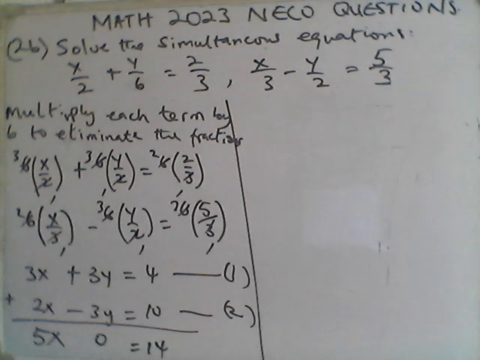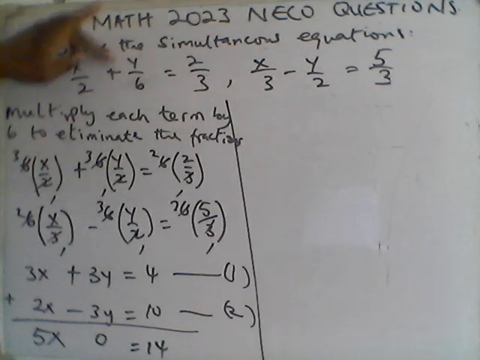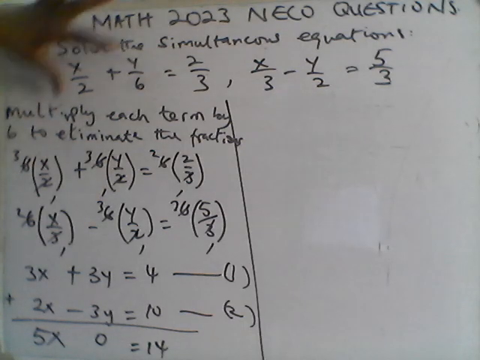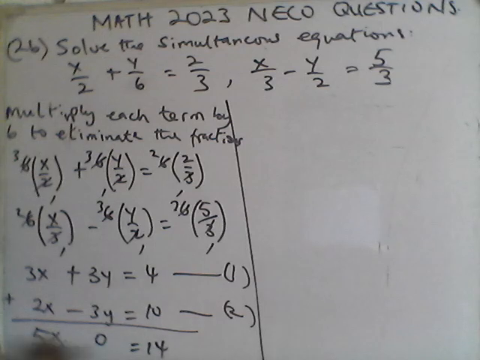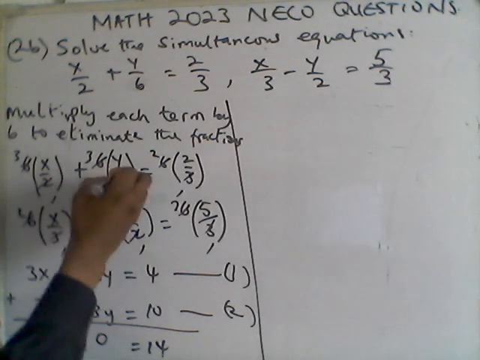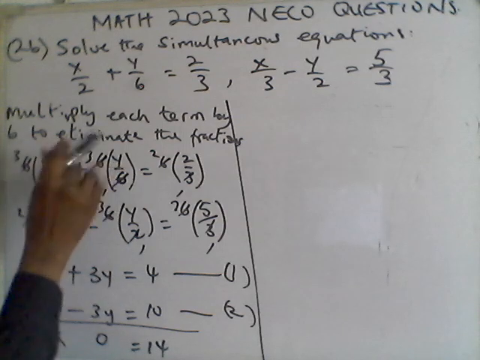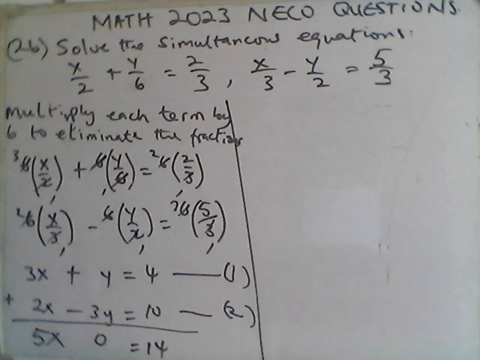Okay, so I'm gearing towards getting my first term, but I noticed that there is an error in the question, in my interpretation of the question in my calculation. See this question here, look at the mistake I'm making here. This is supposed to be y over 6, not y over 2. So if this cancels this, I don't have a 3 here, I only have a y. So that means what I'm doing now will not suffice for these two equations.